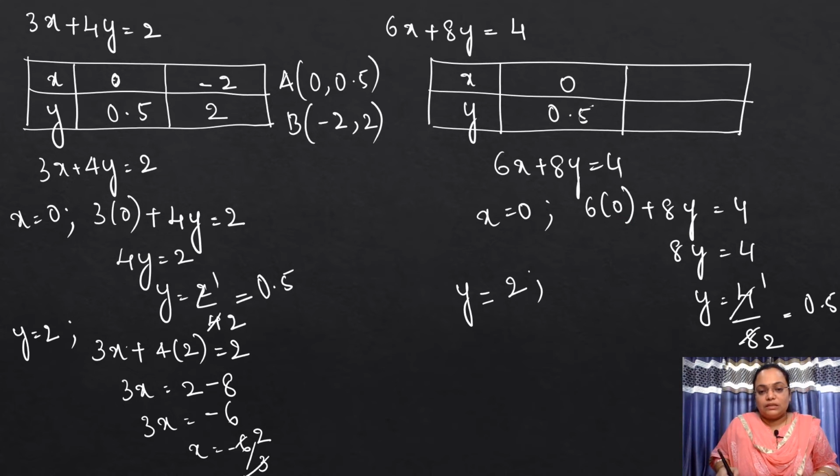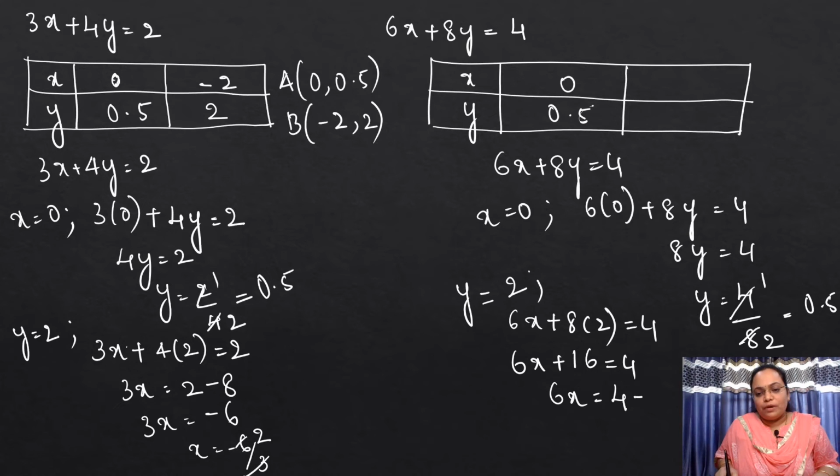If y is equal to 2, 6x plus 8 of 2 is equal to 4. 6x plus 16 is equal to 4. 6x is equal to 4 minus 16. 6x is equal to minus 12. x is equal to minus 12 by 6, which is minus 2.